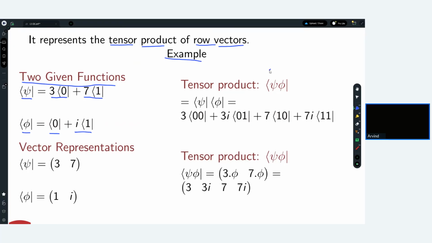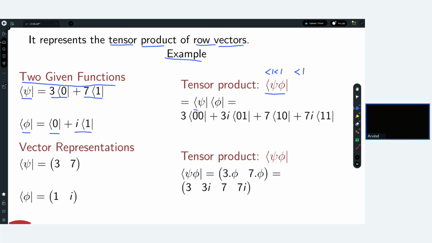When we write two bras side by side, they can be written in a single bra. So here we are using the single bra to denote the tensor product of psi and phi.